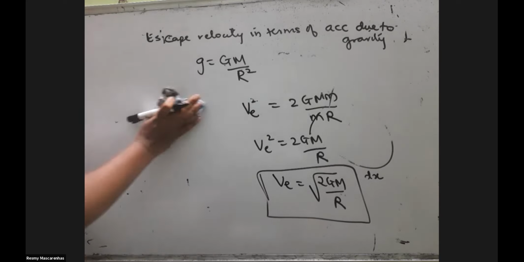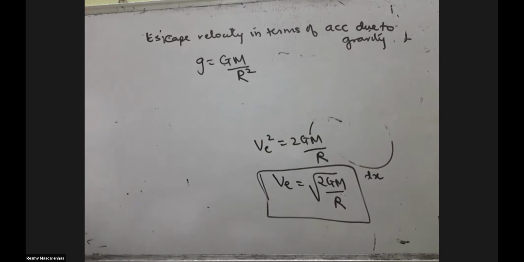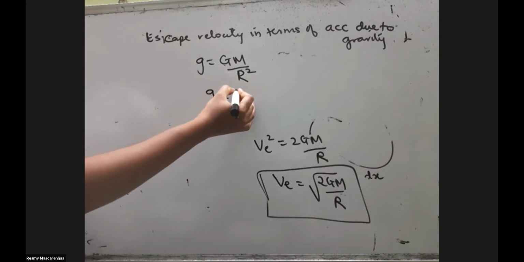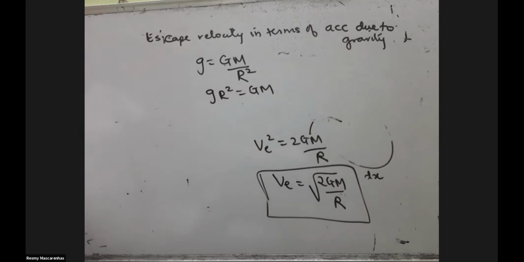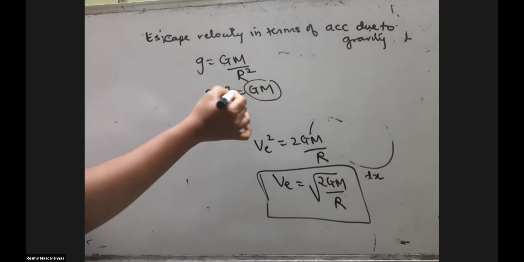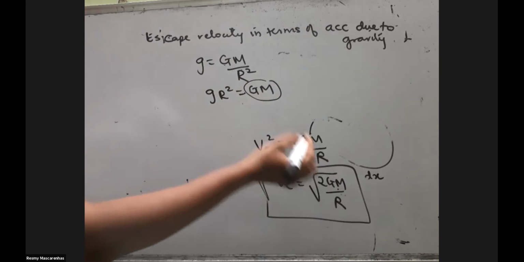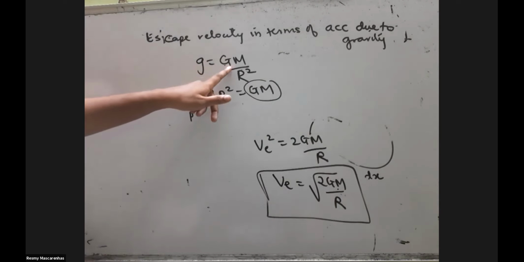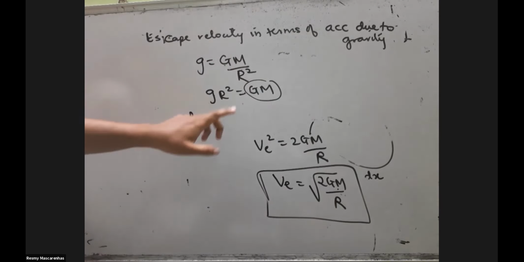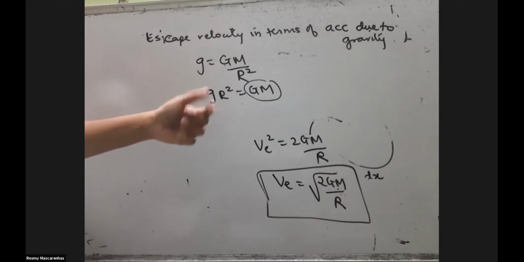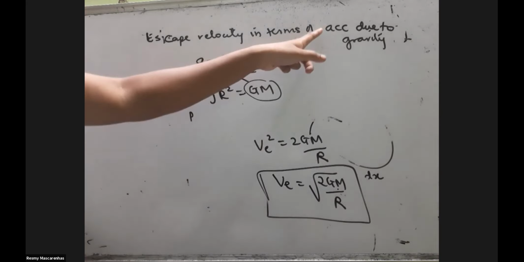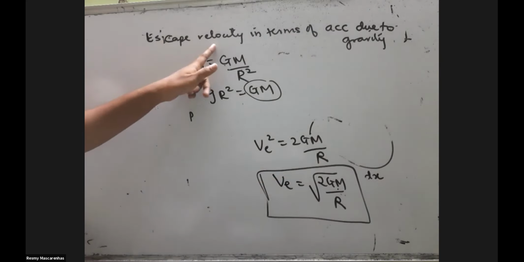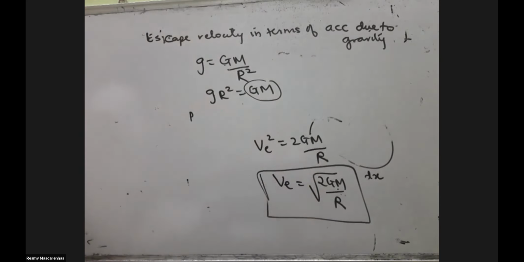Out of this, take R square up, so the value of GM is gR square. I already know this formula: gravity is GM upon R square. Basically I want to introduce the acceleration due to gravity in this formula, because I want to know the escape velocity in terms of acceleration due to gravity.